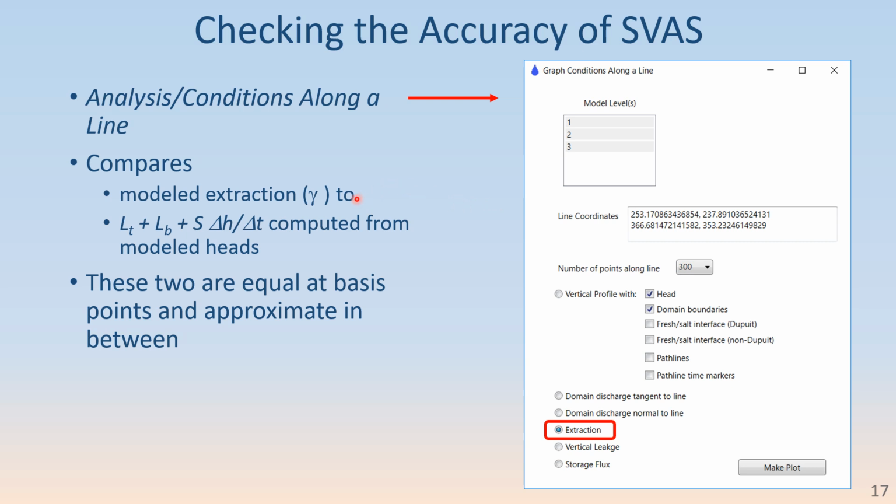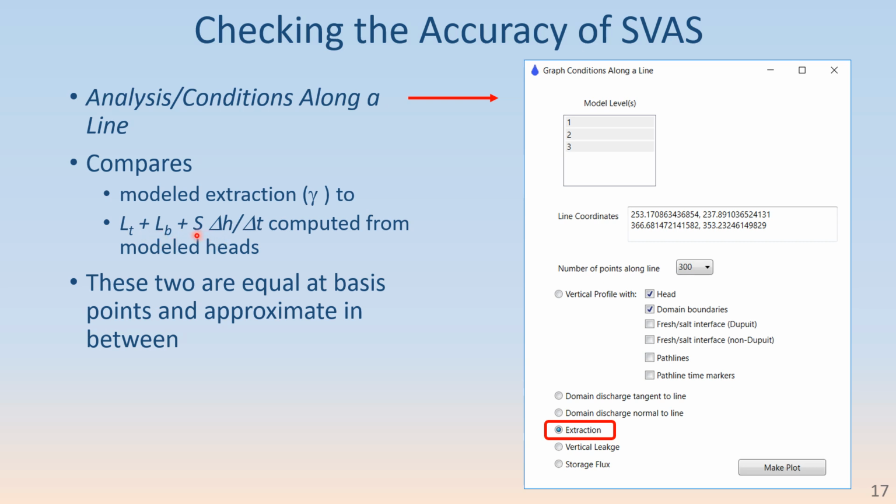The modeled extraction, the gamma that the SVASs produce, and you'll also get an extraction computed based on head differences. The leakage out the top and bottom would be computed based on the heads in the layer you're in and the one above it for L sub t, and the vertical conductivities in between, and L sub b is computed similarly but with the layer below.